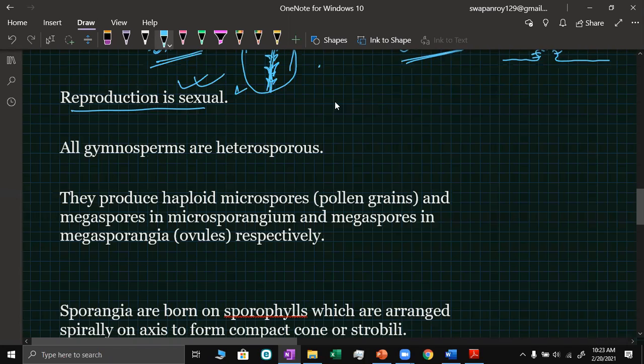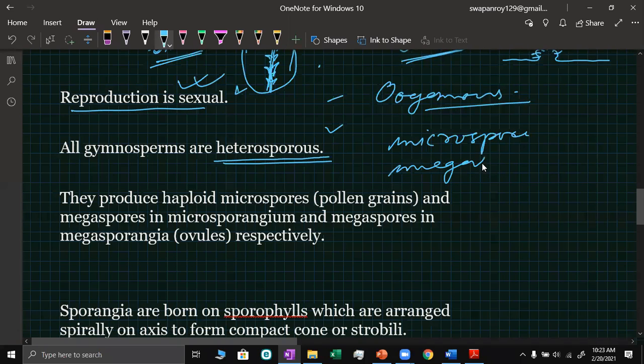In some of the algae and from bryophytes onward, all are oogamous. In gymnosperms and angiosperms, they are heterosporous, meaning they produce two distinct spores, microspores and megaspores.